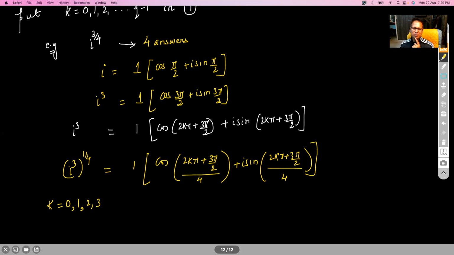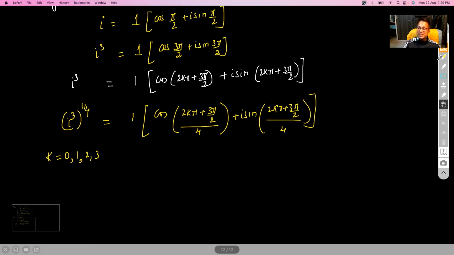Achha, what will happen if, instead of putting k as 0, 1, 2, 3, I put 4 also? What will happen? Any guesses? If I go beyond 3, what will happen? If you put 4 or beyond, your roots are going to repeat.